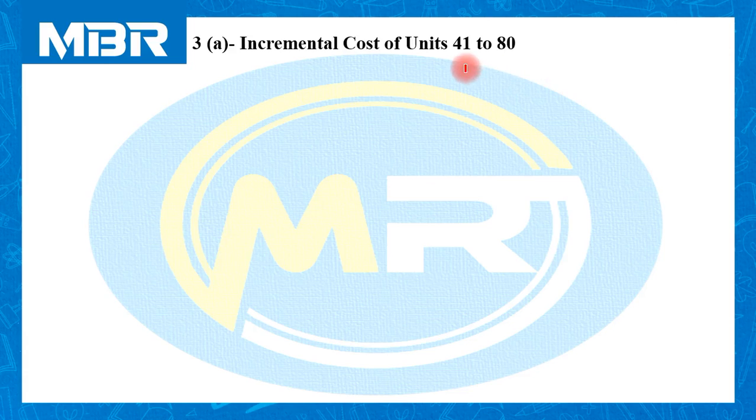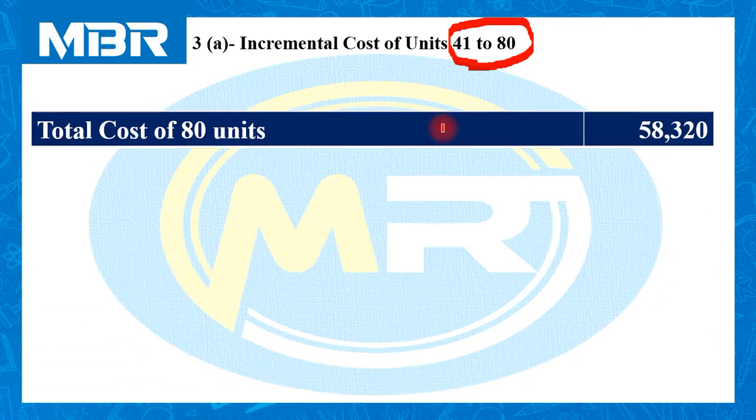But our focus is to calculate the incremental cost for the manufacturing of 41 to 80 units. In our calculation, we have completed the calculation of the total cost for the manufacturing of 80 units, and it was 58,320.